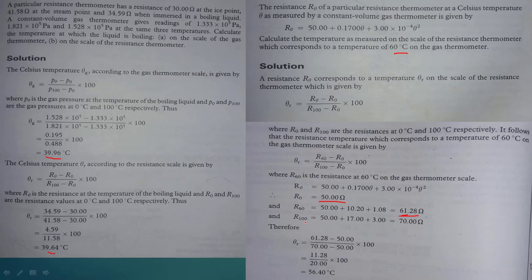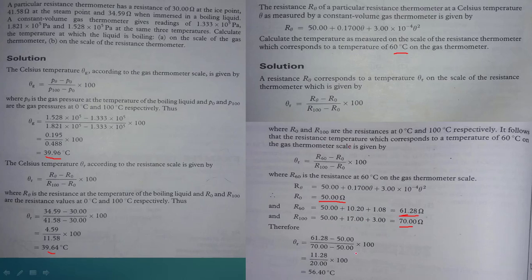Then at steam point 100 degrees centigrade, ni 50 plus, kwenye theta unaweka 100. So hapo utakuja kupata 17 na hapo utakuja kupata 3 times 10 to the negative 4 times 100 squared. So 100 squared unakuja kucancel hapa na baki 3. So 3 plus 17 is 20, plus 50 is 70, and tunapata the three values.